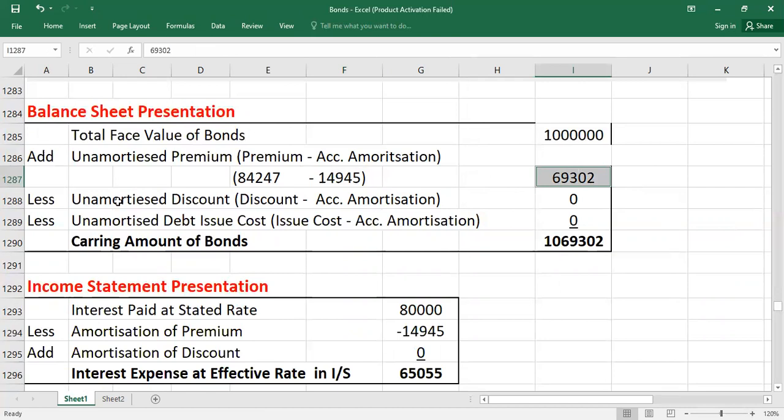Now I'm assuming here that discount is zero, because I'm not going to deal with the discount case in this video. I'm assuming unamortized debt cost is also zero. It means if I add face value plus unamortized premium, which is 69,302, this gives me 1,069,302. And you can check in the schedule.